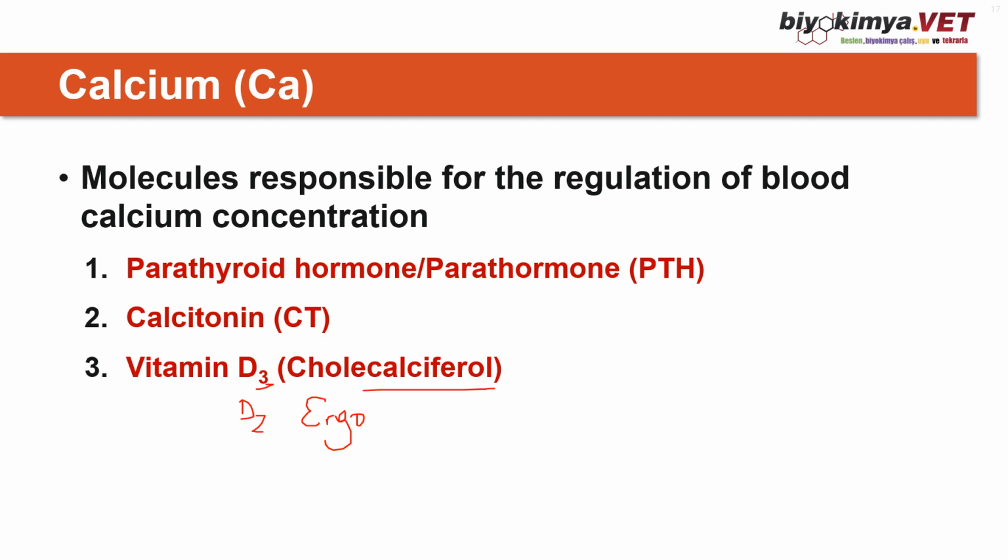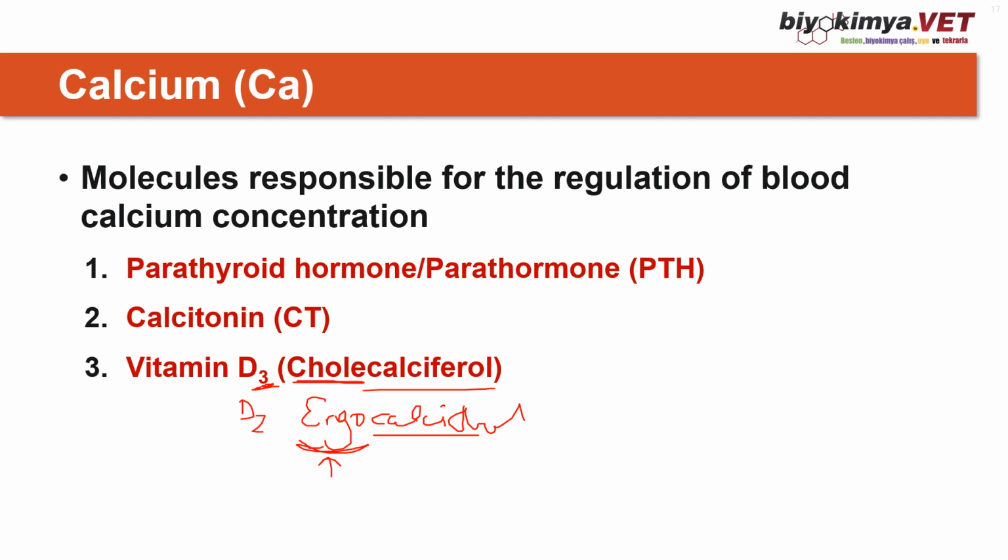The D3 refers to the animal origin. Look at the name, chole, this term comes from cholesterol, and cholesterol is a sterol of animals. And ergo means plant source, so vitamin D2 is the plant vitamin D.